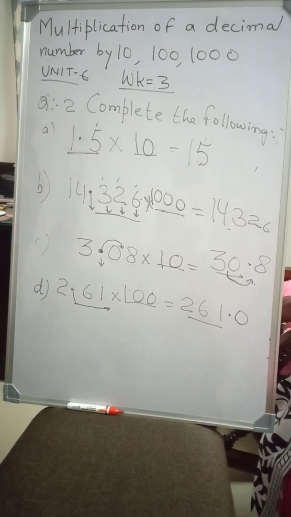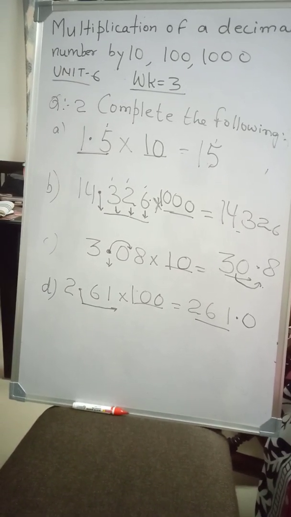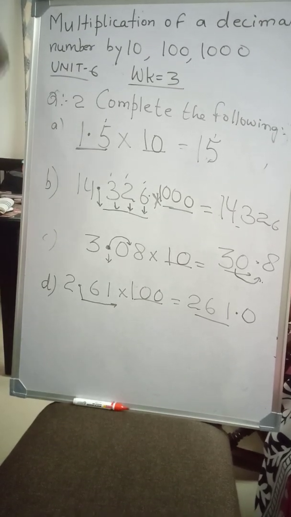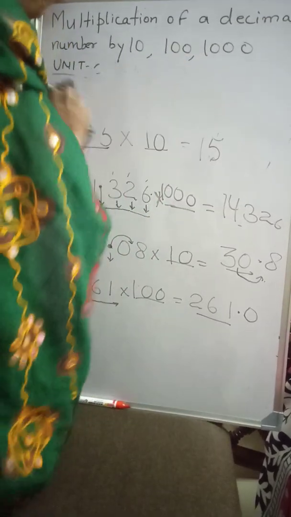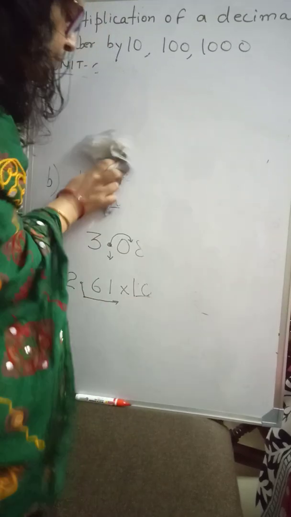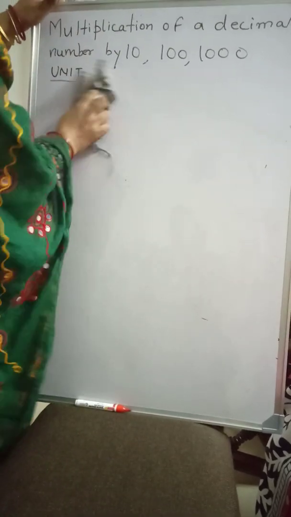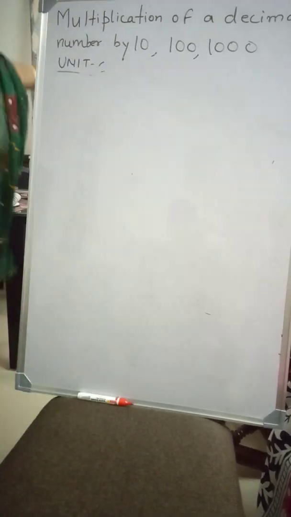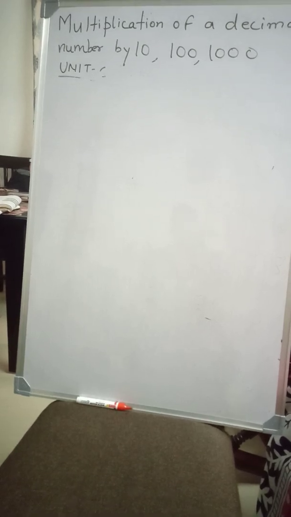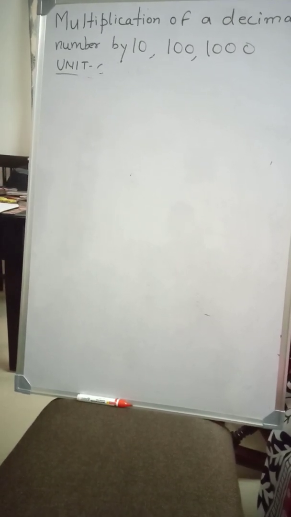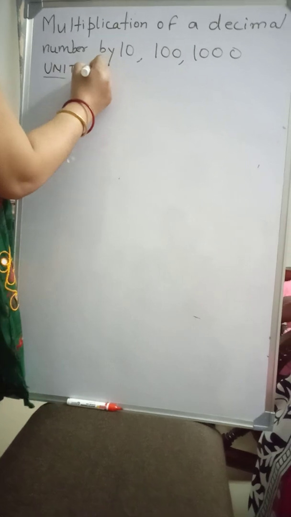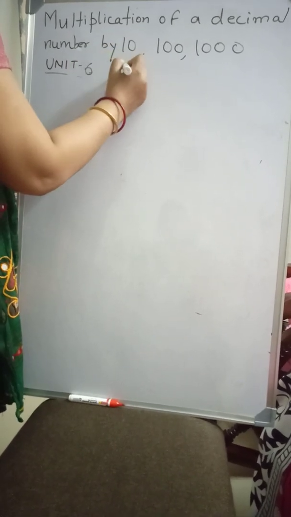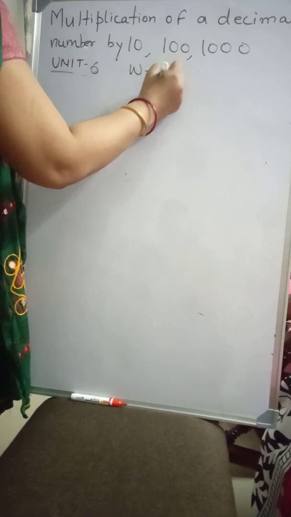Now let us come to the next topic. It is properties of multiplication. Worksheet number 4. So come to worksheet number 4.